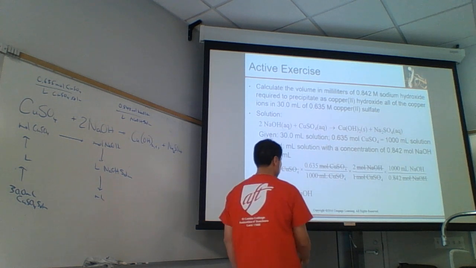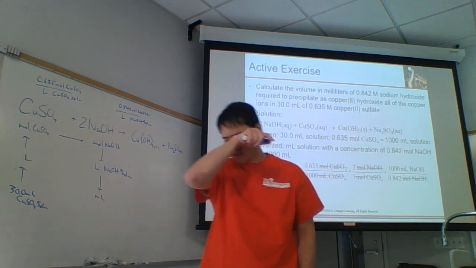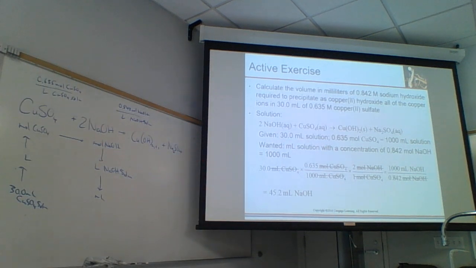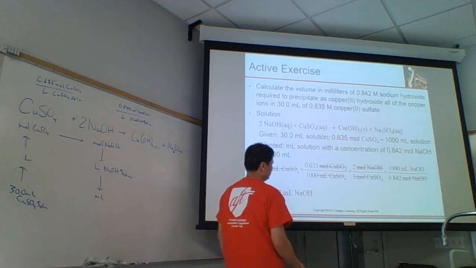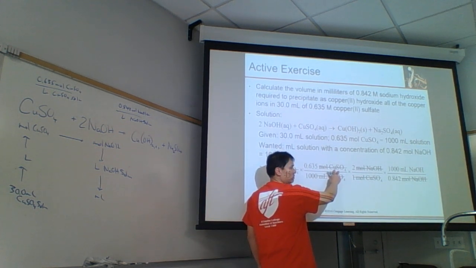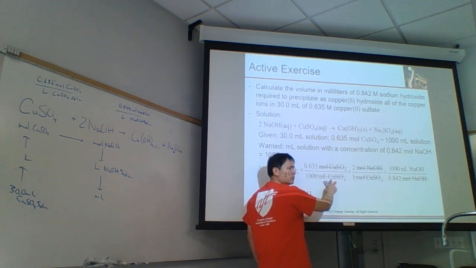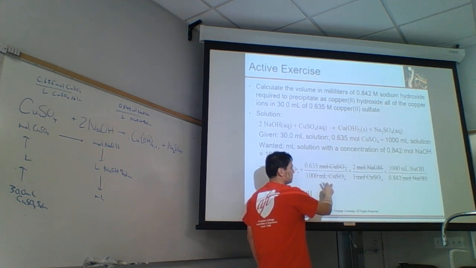Versus milliliters of sodium hydroxide solution. Well, that's different. And so even in Chem 1A, students get confused. So I like to label things differently. Because here, when they do this, it confuses even Chem 1A students. 0.635 moles of pure copper 2 sulfate per 1,000 milliliters of pure copper 2 sulfate? No, this doesn't make sense at all.